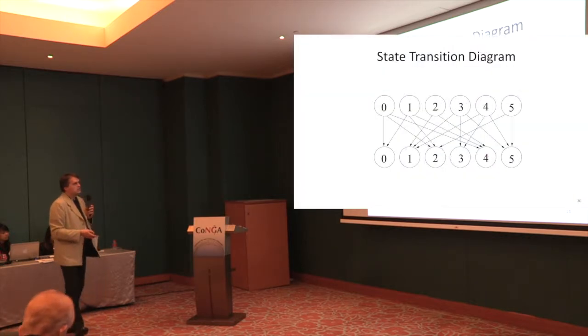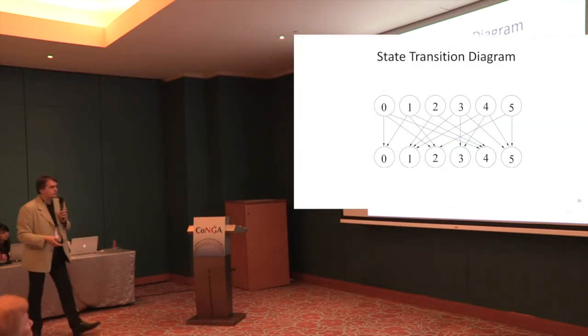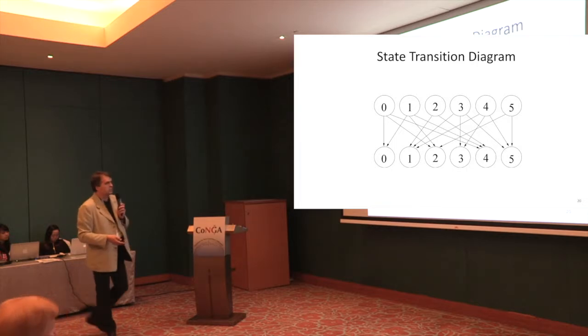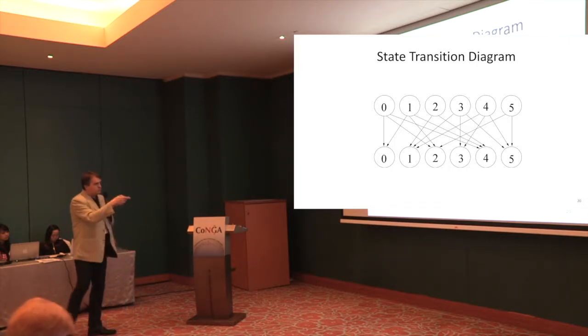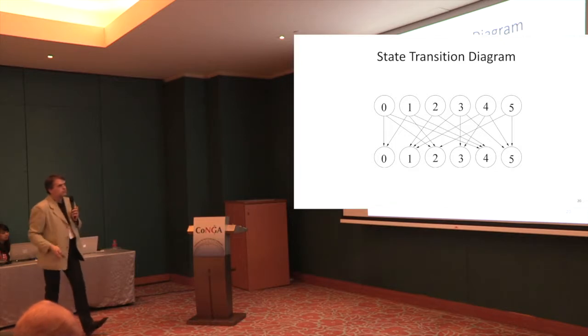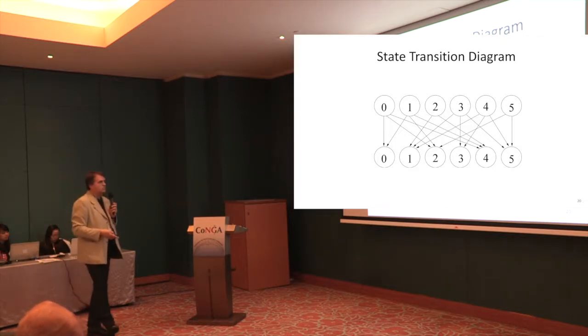The analysis can be done using standard finite state machine analysis or Markov chain analysis, where we have different residues modulo 6, 0, 1, 2, 3, 4, and 5, and consider the transition probabilities.